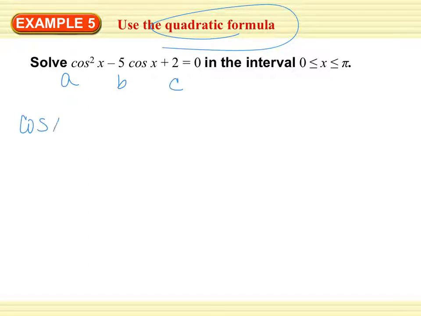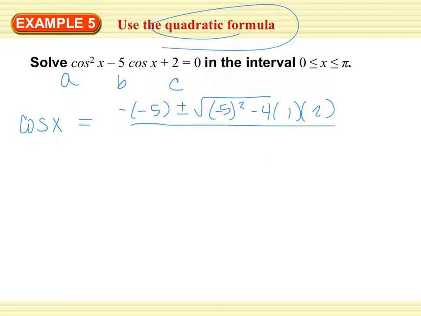The only difference here is I don't set it equal to x anymore, I set it equal to cosine x. So I have negative b plus or minus the square root of b squared minus 4 times a times c, all over 2a.